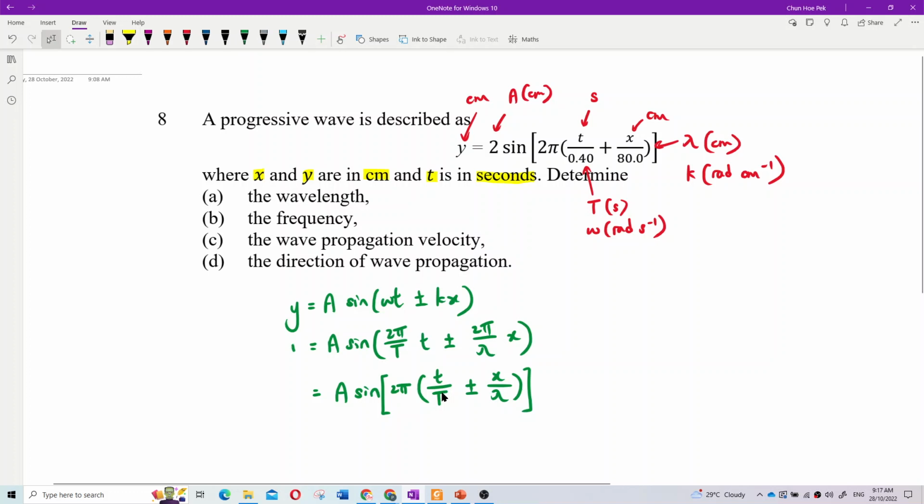Now you get the formula in a similar form, and we can clearly see what represents what.